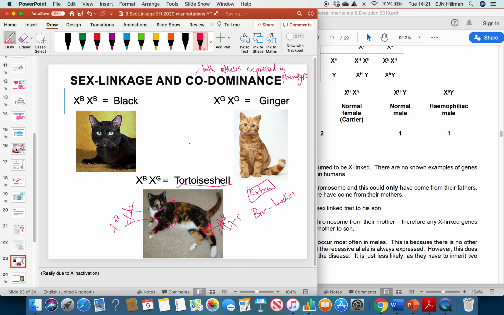One thing you might want to know: can you get a tortoiseshell male? Good question. So, a male obviously only has one X chromosome.